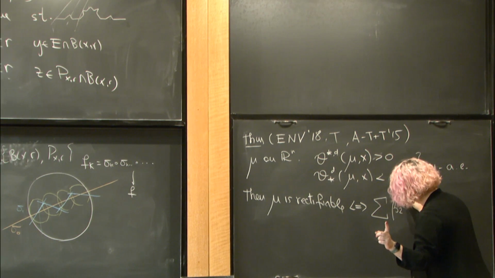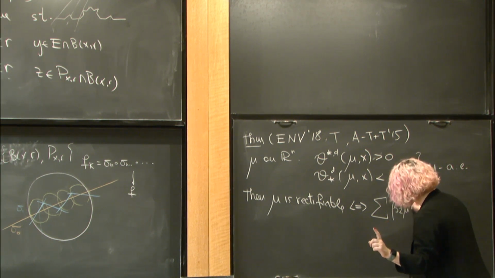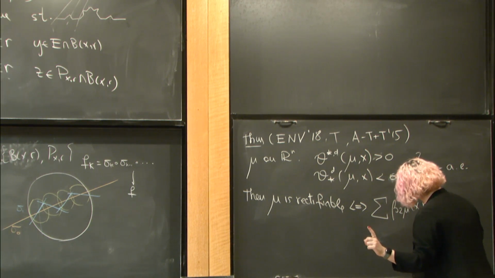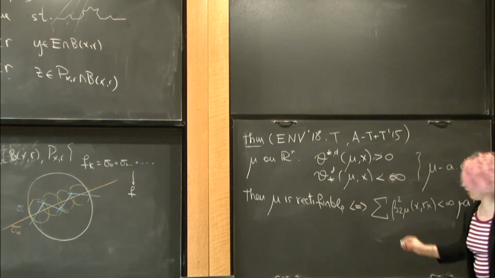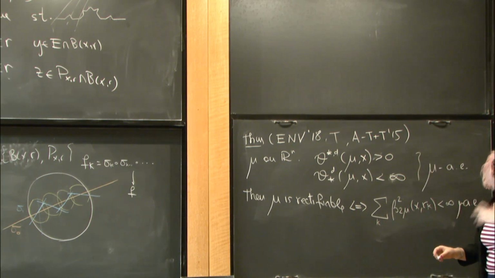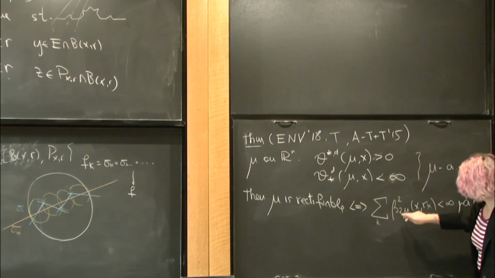I know I did not define beta 2. K is still the same thing, 10 to the minus k, that's fine.